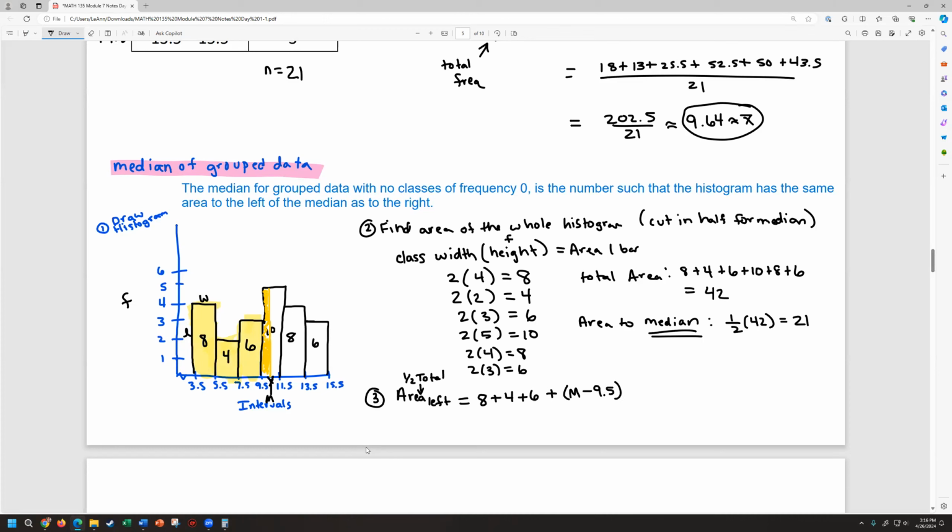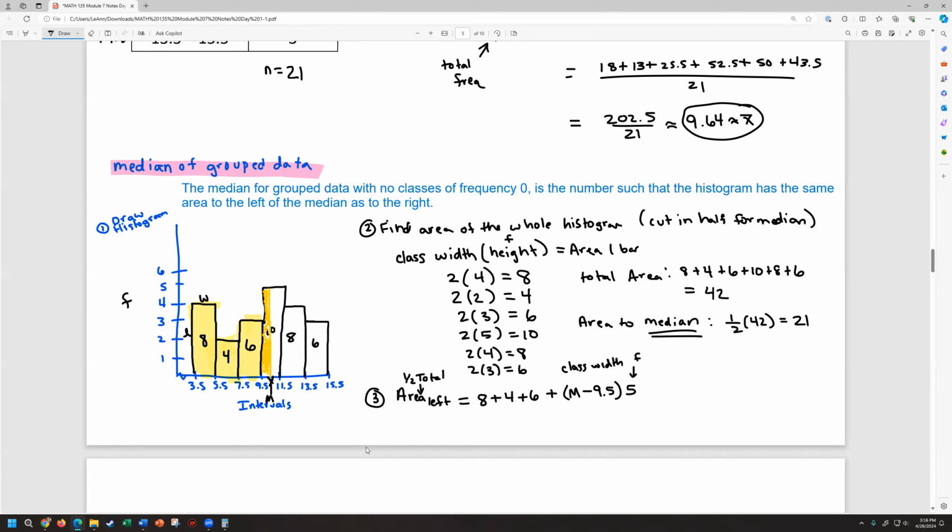Notice this little parentheses tells me from 9.5 to that M, how big is that? Notice our class width is not a 2 on this bar. It's not a full bar. And then we times that by the height of that bar. So this part always represents the class width of that mini rectangle that's not quite completely filled in, and this part is the frequency for that bar.